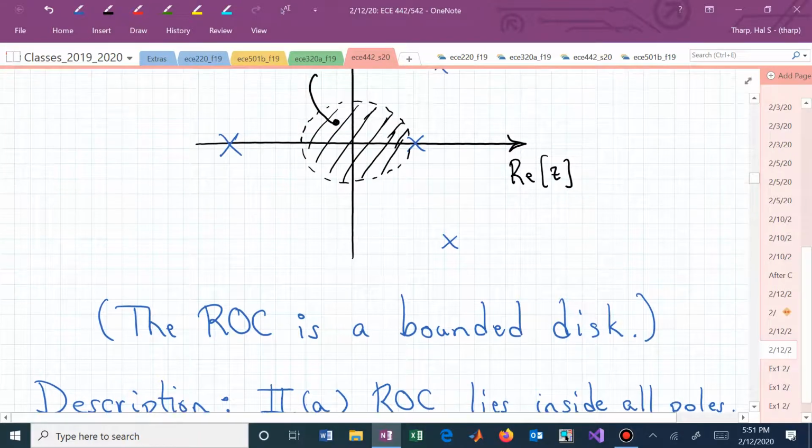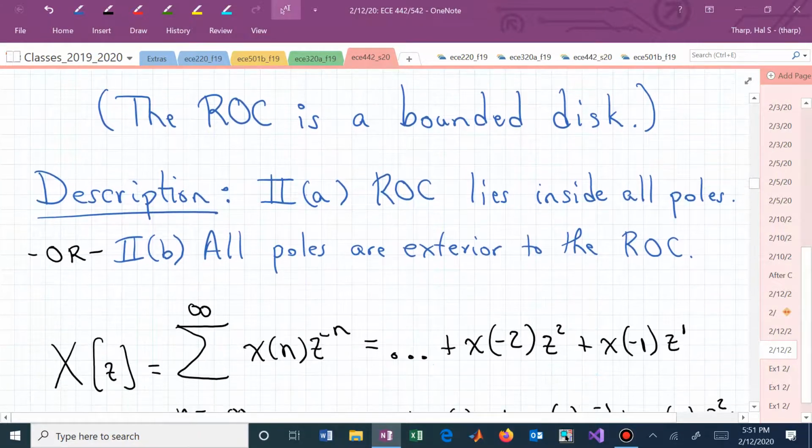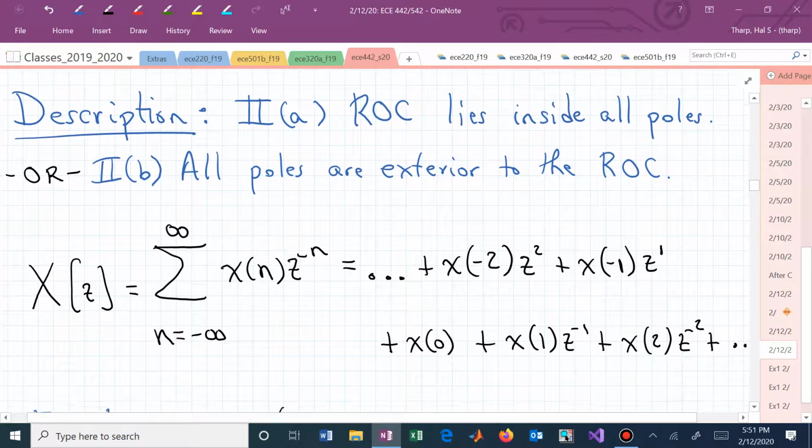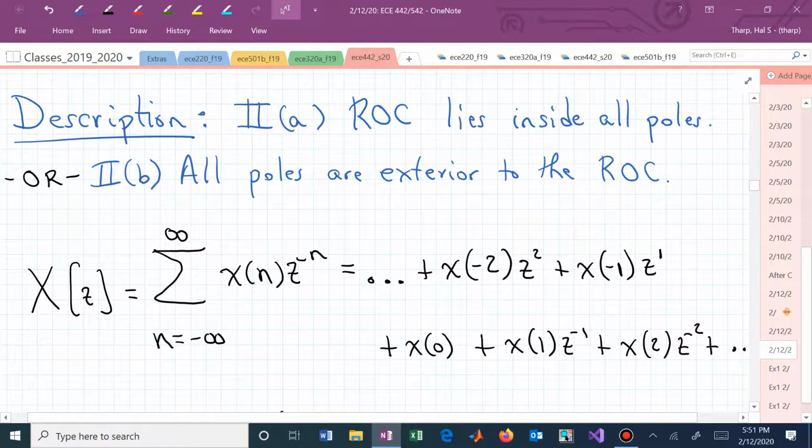If this is now our region of convergence, can we say anything about when or if any of these sequence values or sequence terms must be turned off or zero? If we look at this, and last time we looked at a particular z, and that z was when z was going off to infinity.